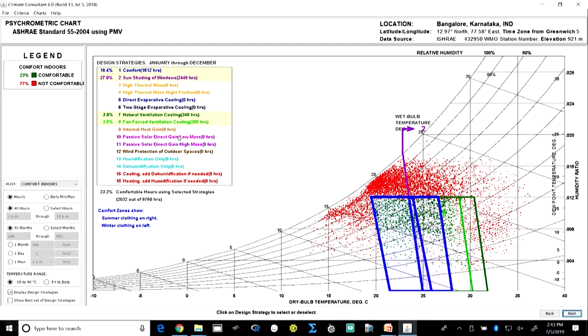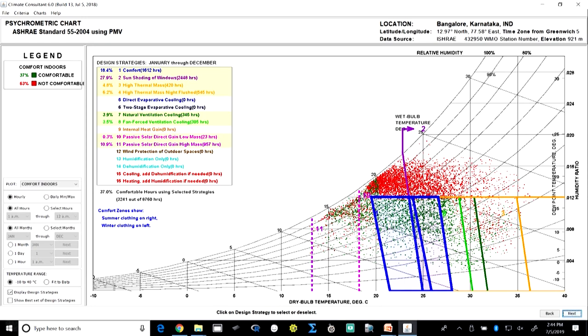If I look at passive direct gain and passive gain high mass, then almost all the hours which are towards the lower temperature ranges are added to the comfort range. And if I add the high thermal mass and high thermal mass which is night flushed, almost the entire of this high temperature range is also brought within the comfort zone.